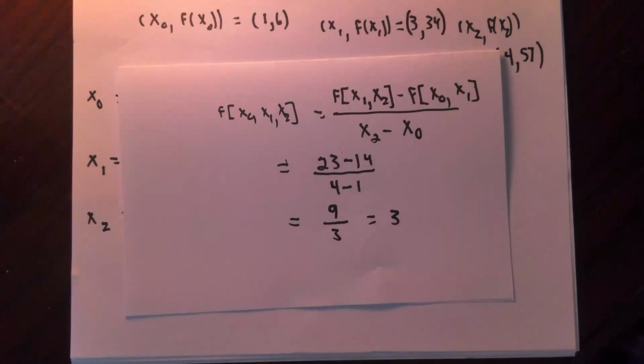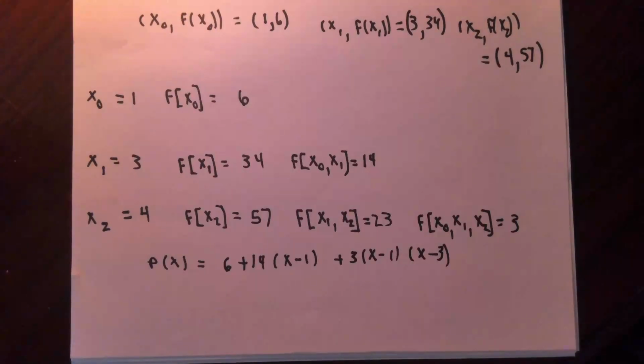You write down the one that goes with the biggest indexes first, f[x1, x2], which we figured out a moment ago, minus f[x0, x1], which we have also figured out, divided by x2 minus x0, which is 4 minus 1. When the calculation is complete, the last remaining divided difference is 3.